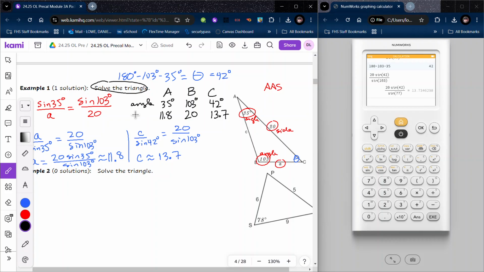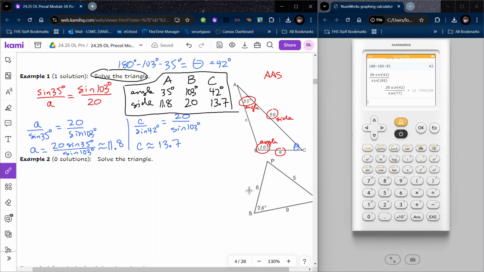So we have our angles and we have our sides, and that is a solution for our triangle using that sine rule or that sine ratio.